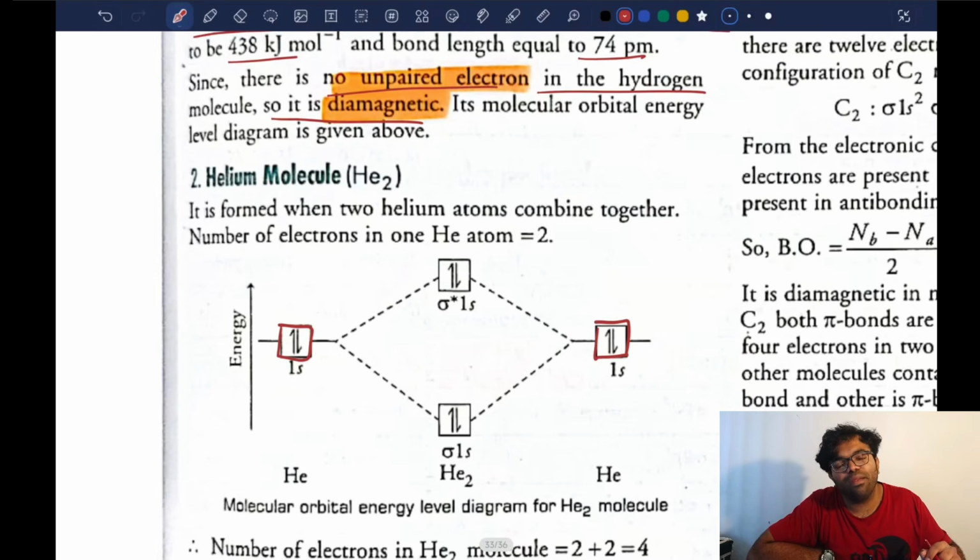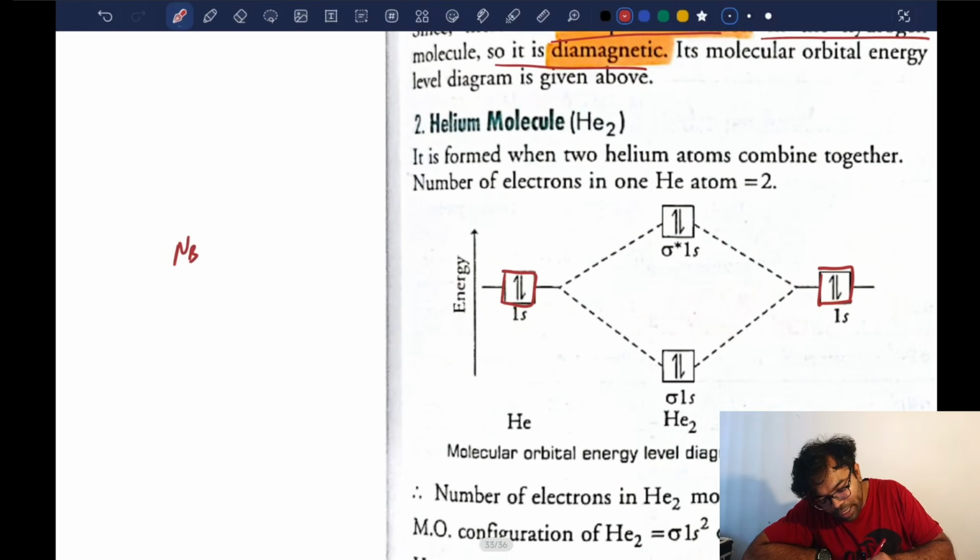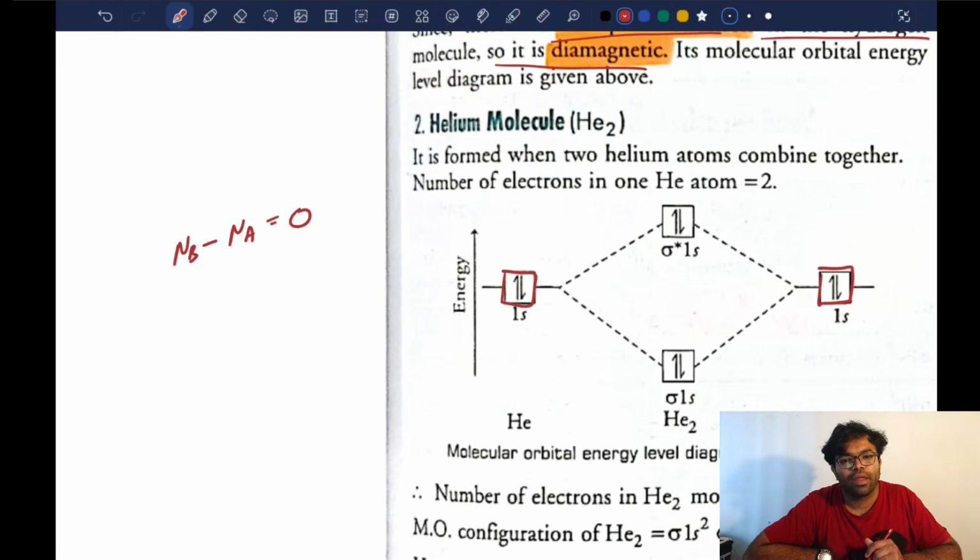When we fill both of them, what do we see? We see that Nb minus Na is now becoming 0. If Nb minus Na is equal to 0, then what happens? The molecule will become unstable.